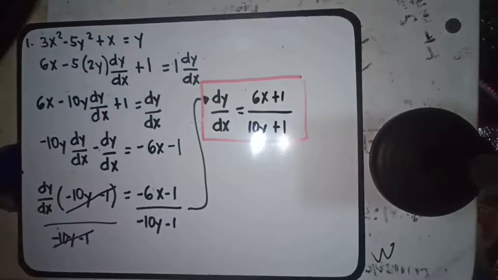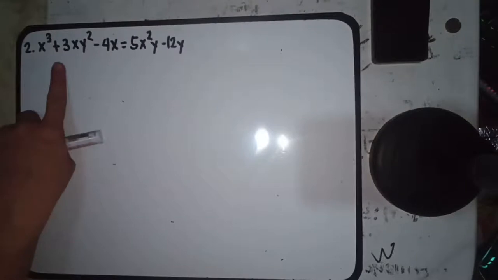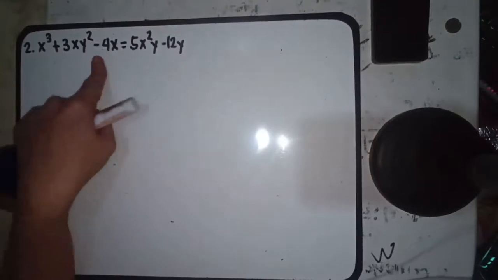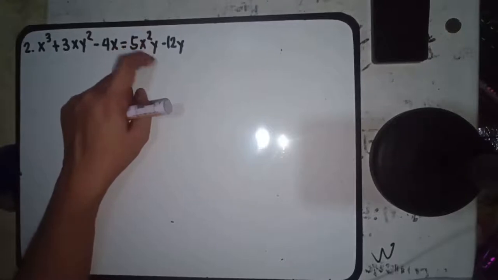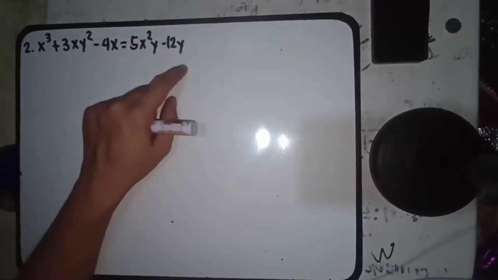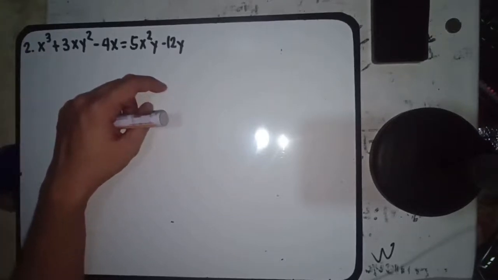So, mao na siya. For our number 2 example, we have x cubed plus 3xy squared minus 4x that is equals to 5x squared y minus 12y. So again, ang first step is to differentiate both sides of the equation with respect to x.